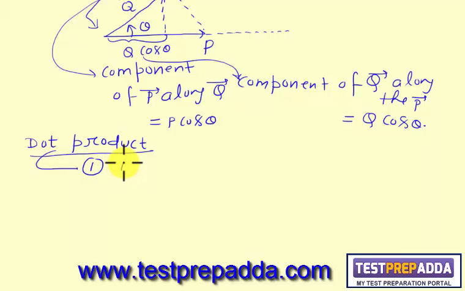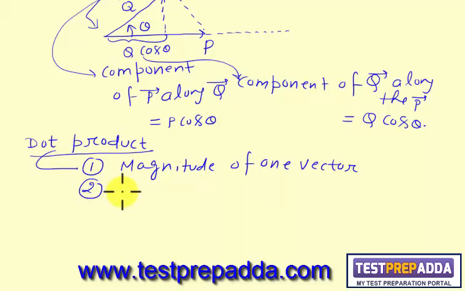Number one, the magnitude of one of the vectors, and the scalar component of the second vector along the direction of the first vector.